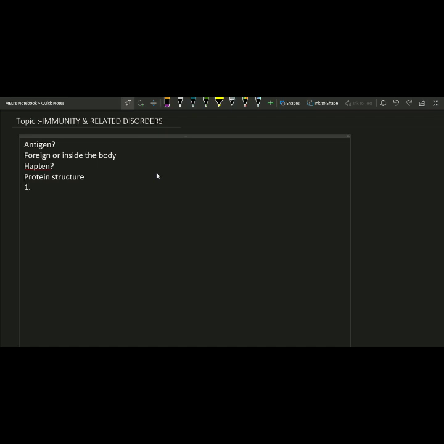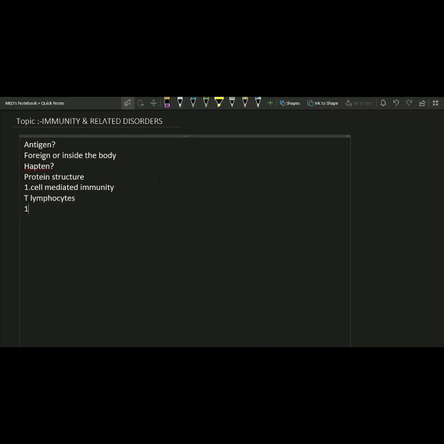First, I'll tell you about cell-mediated immunity. The cell-mediated immunity is mainly mediated by the T lymphocytes.